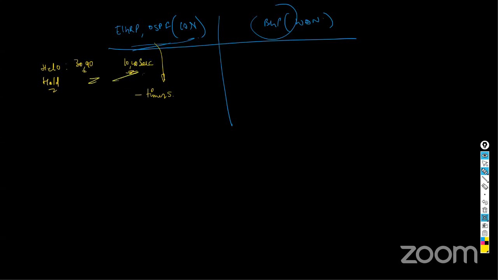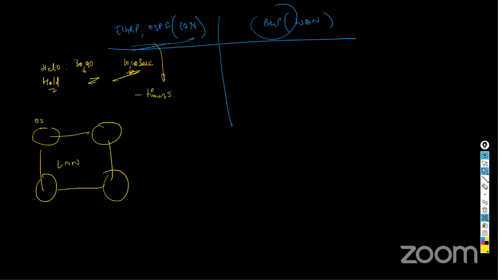So these are the timers which will bring a lot of overhead on the router. Let's say there are multiple routers. This is a LAN, and you bring up OSPF on all of them. All of them have the routing protocol as OSPF, so they start building neighborship automatically.